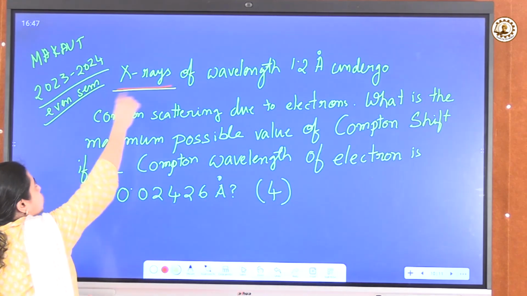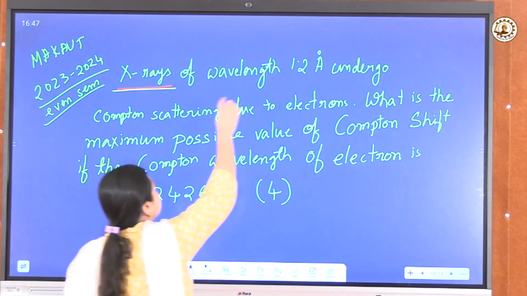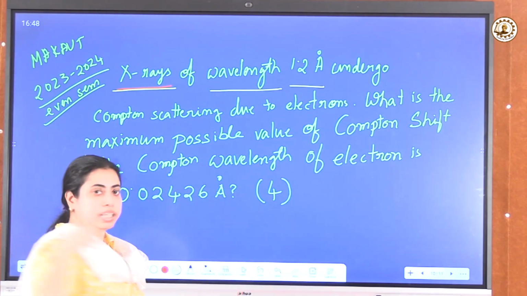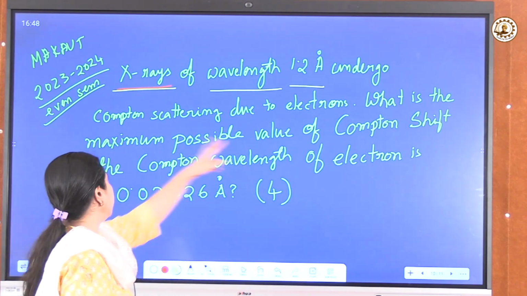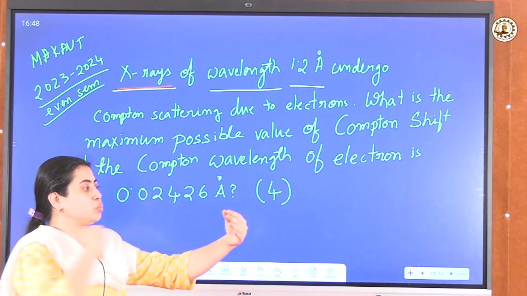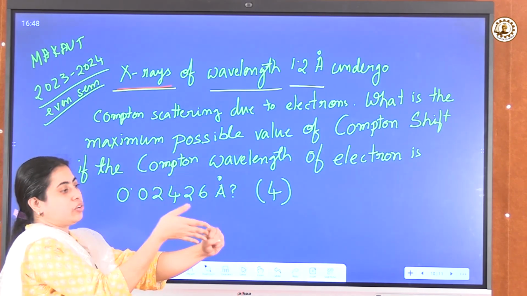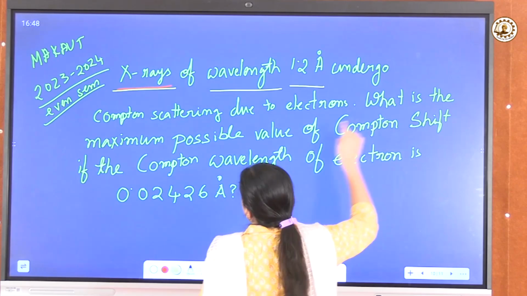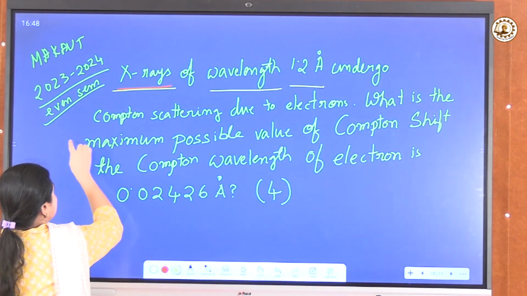So they have given the data: X-rays with an incident wavelength of 1.2 Angstrom. They undergo Compton scattering due to electrons. Some X-rays went there, some electrons were there, and the X-rays got scattered and the electrons recoiled. The question is, what is the maximum possible value of Compton shift?